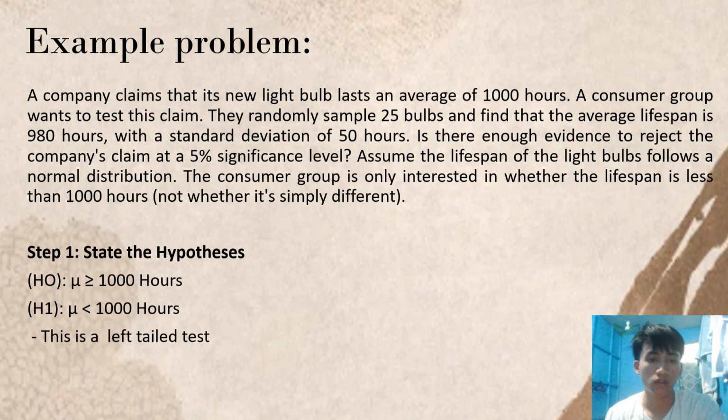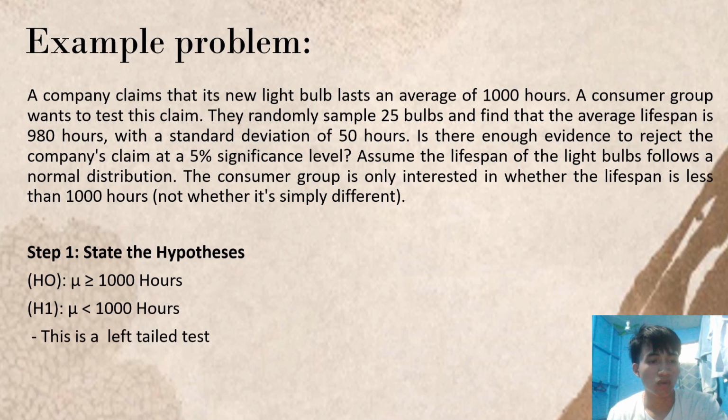So, step 1. State the hypothesis. The null hypothesis is that the population mean is greater than or equal to 1000 hours, and the alternative hypothesis is that the population mean is less than 1000 hours. So this is a left-tailed test. This is a left-tailed test, not a right-tailed test as originally requested.